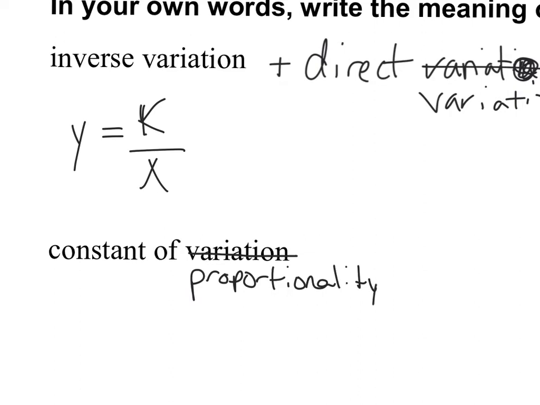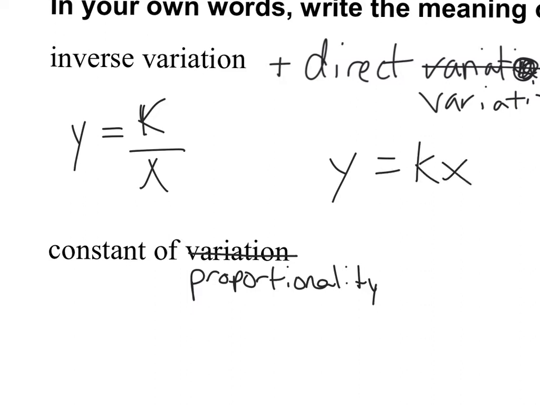So in an inverse variation, as one goes up, the other one goes down. The k value will just tell us how much it's going to decrease as one goes up. It's a constant. It's a number that'll stay the same no matter what. And direct variation is y equals k times x.